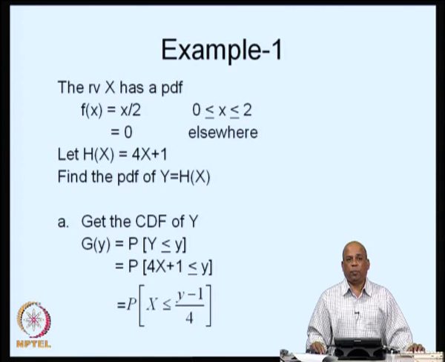First we obtain the CDF of y from the definition: G of y is equal to the probability of y being less than or equal to small y, and y is 4x plus 1. So, 4x plus 1 is less than or equal to small y, from which this is equal to the probability of x being less than or equal to (y minus 1) divided by 4.